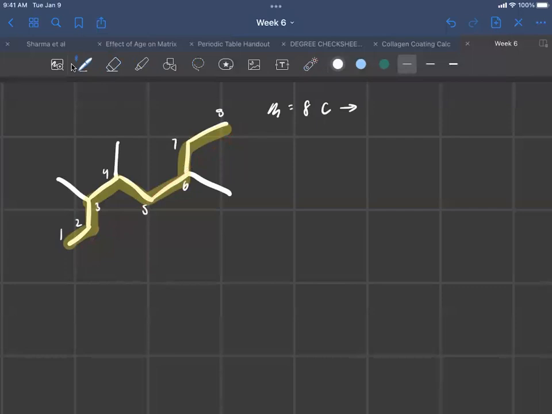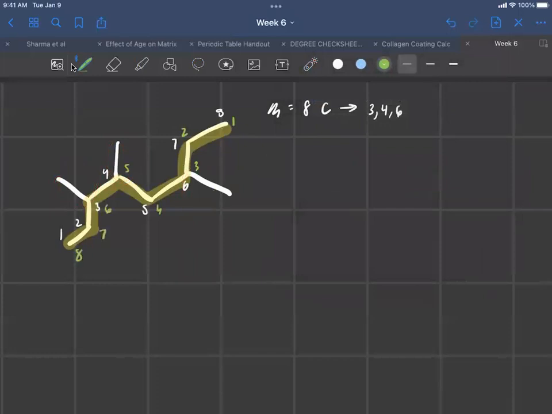Let's see. So if we do it this way, we have substituents here, here, and here. So we have substituents on carbons 3, 4, and 6. Let's see if we do it in the bright green route. If we count it this way, then we'll have 1, 2, 3, 4, 5, 6, 7, and 8.